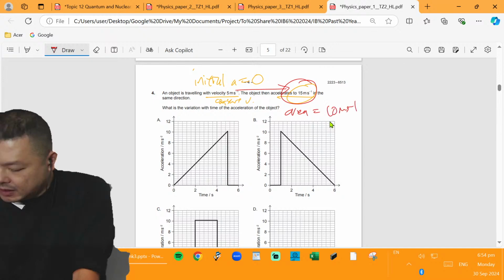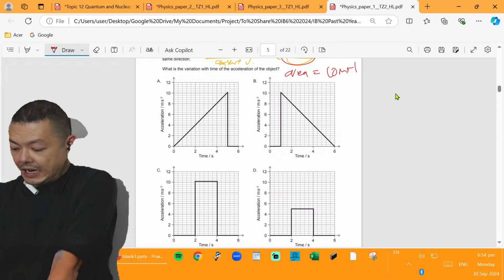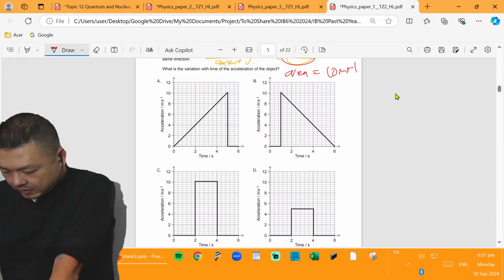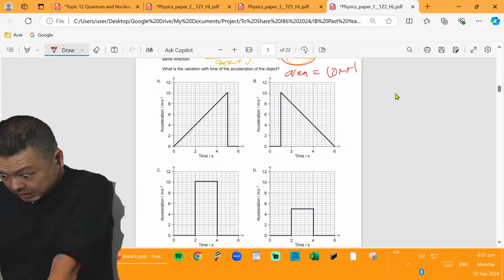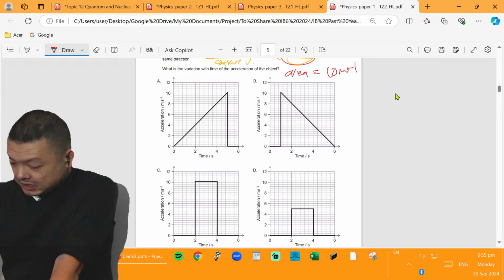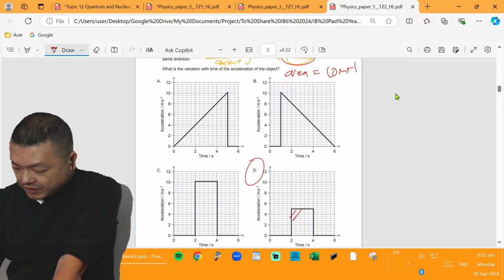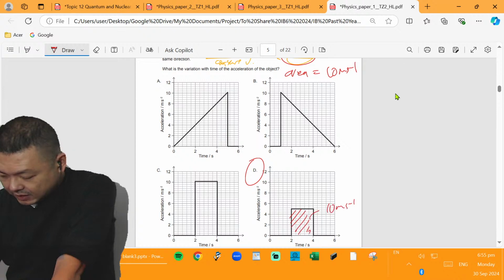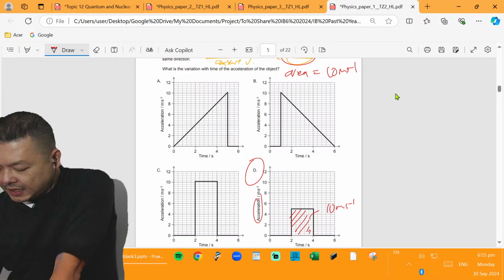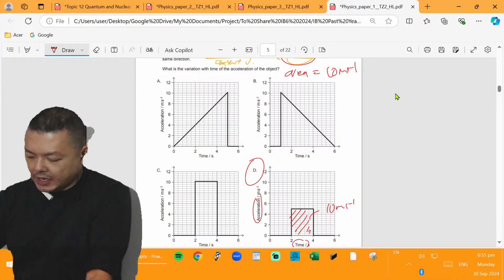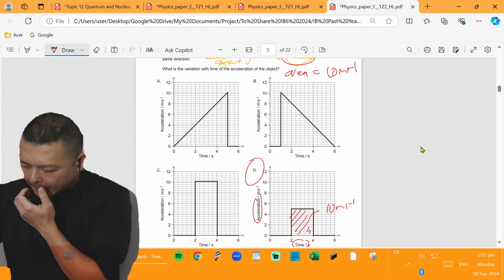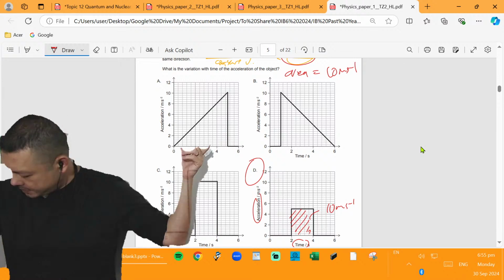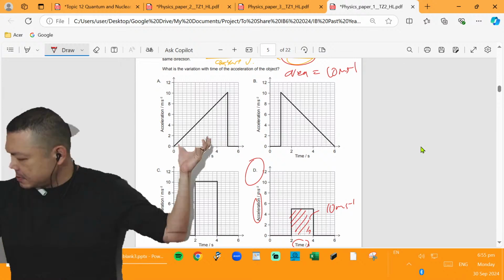So you need to look for an area that gives you 10 meters per second. This area here, isn't it 10? 10 meters per second, because it's the acceleration time graph. Isabel, okay?